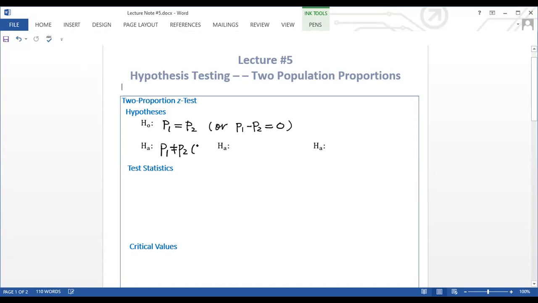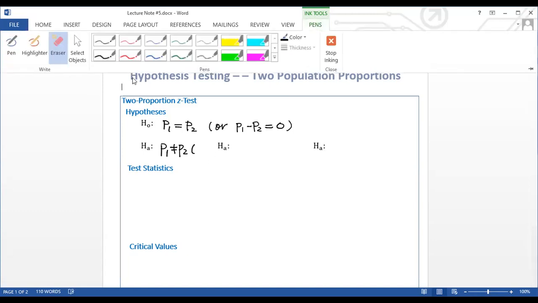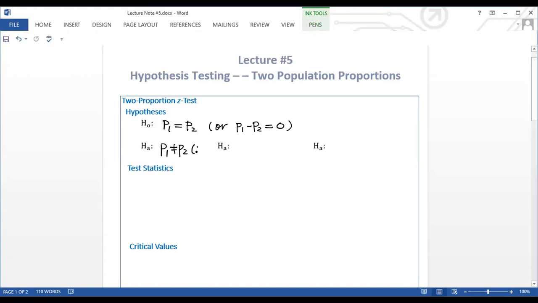Or you can say P1 minus P2 is not equal to zero. You can write it either way. As always, this is a two-sided test. For one side, we can say P1 is greater than P2, or P1 minus P2 is greater than 0.